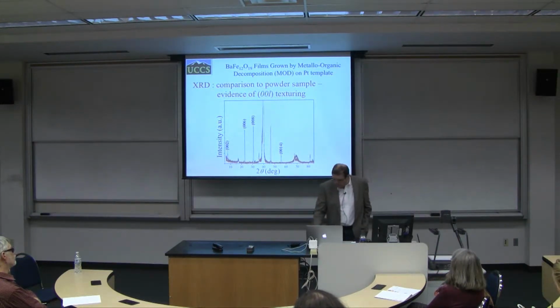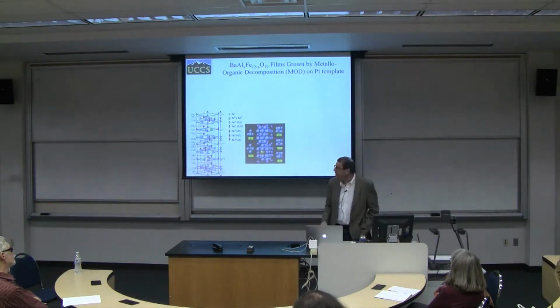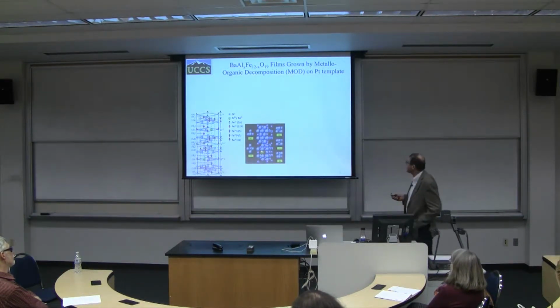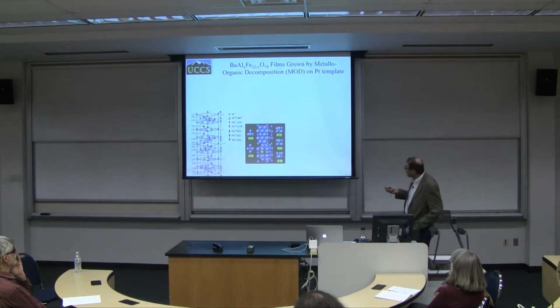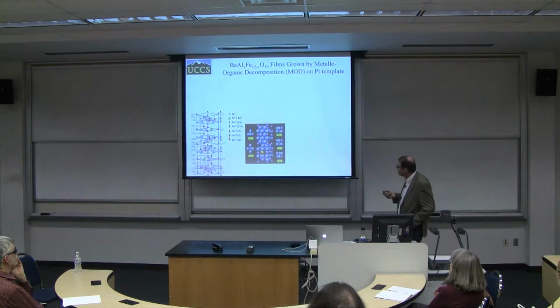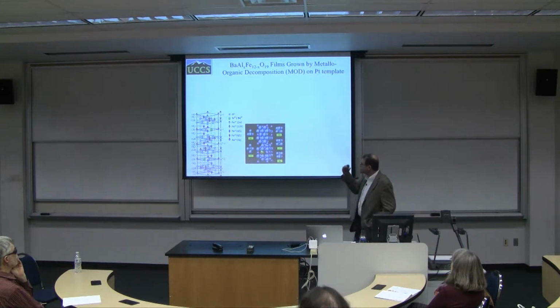Now, the structure of this film is a little more complicated than you would imagine. This is how the unit cell looks. We have a lot of atoms here, many irons, 12 of them, barium, and a lot of oxygens. And basically from the X-ray diffraction, we are able to determine the position of each atom.